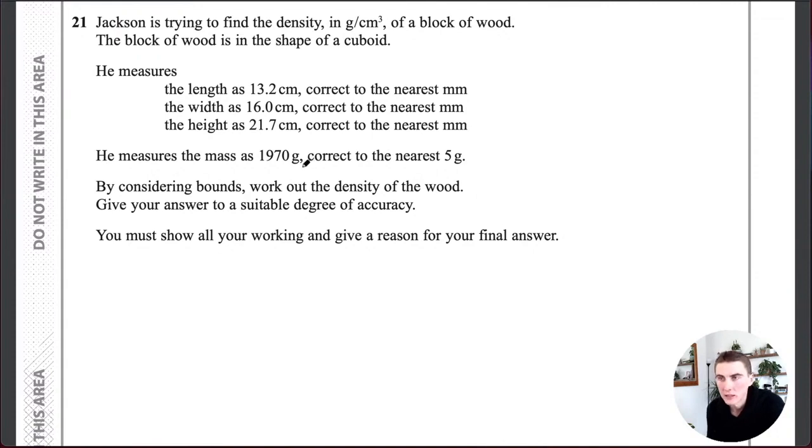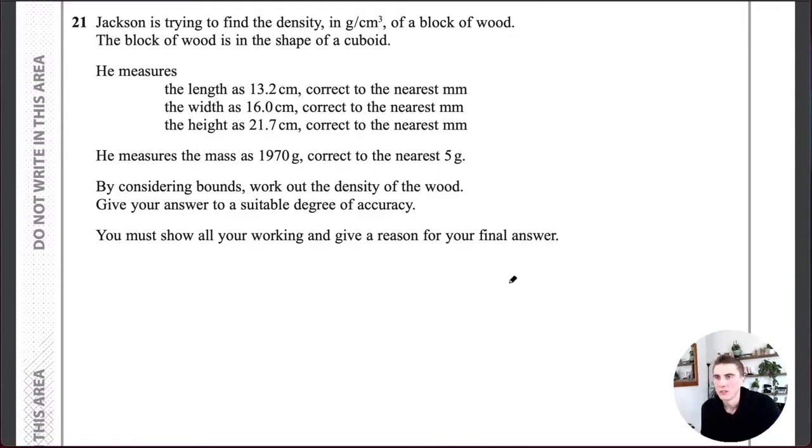He measures the mass to be 1,970 grams, correct to the nearest 5 grams. So by considering bounds, work out the density of the wood and give your answer to a suitable degree of accuracy. Show all your working and give a reason for your final answer.